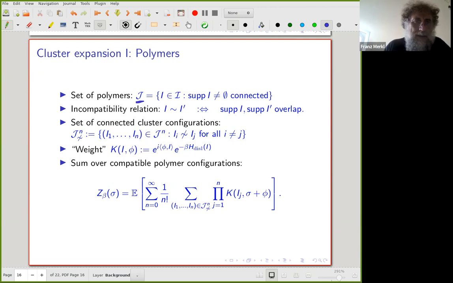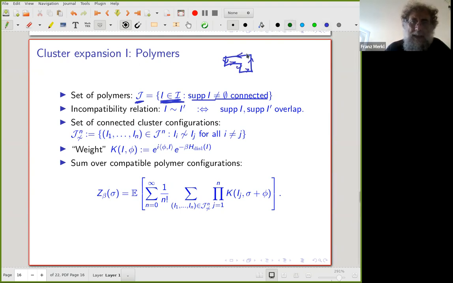So let's look at all configurations of Burgers vectors denoted by I's, such that the support is connected and non-empty. So think of this could be such a component.